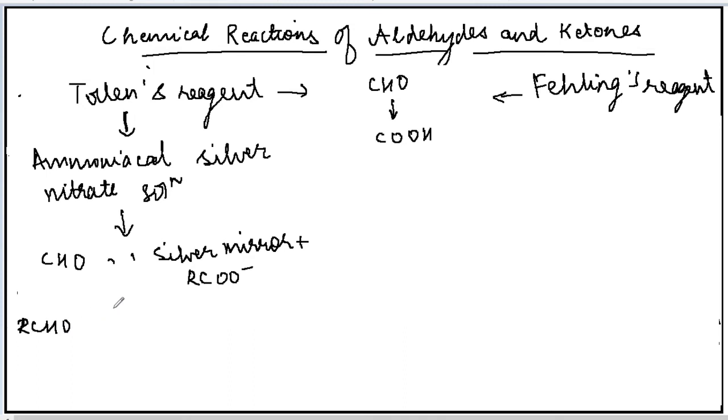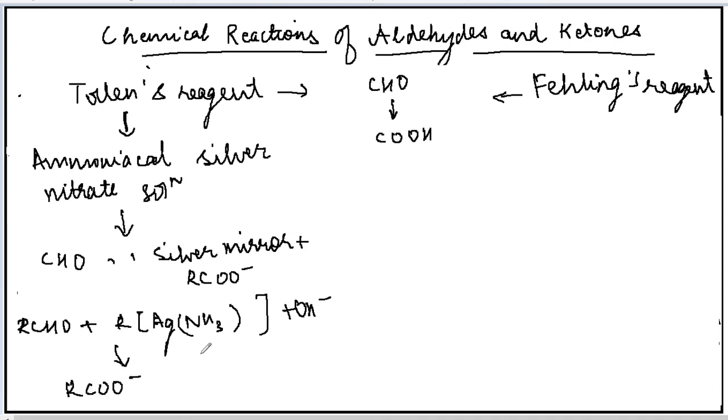This aldehyde will undergo the reaction with this ammoniacal silver nitrate solution, which is Tollens reagent. The reaction takes place in basic medium. So this aldehyde will oxidize to carboxylate ion and a silver mirror will be formed. So this is how the oxidation is brought about by using Tollens reagent.